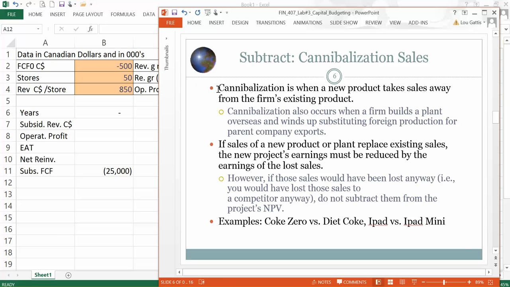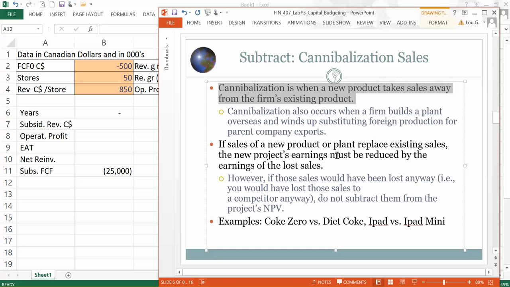Cannibalization is a loss in sales or profits due to a new business line. The example that's commonly used is Coke Zero versus Diet Coke: if I was going to perform an NPV on a Coke Zero launch, I'd have to subtract out the lost sales in Diet Coke. And the same thing for an iPad versus a mini iPad.